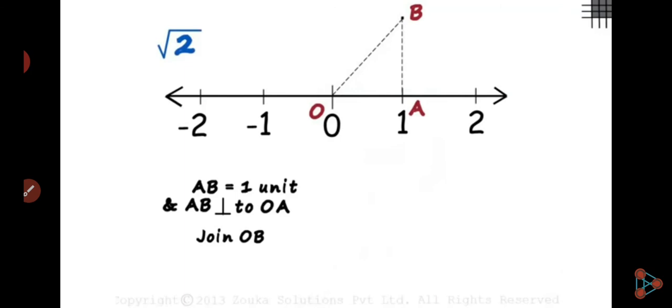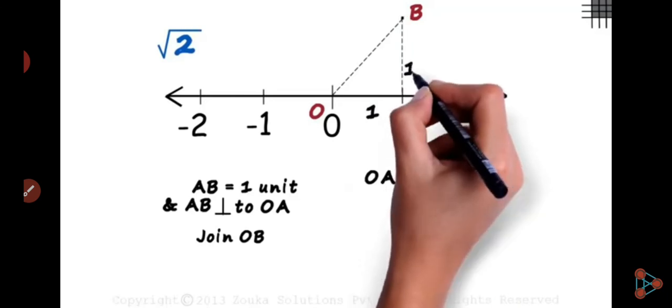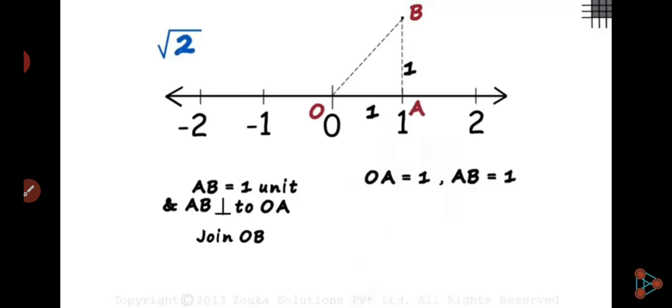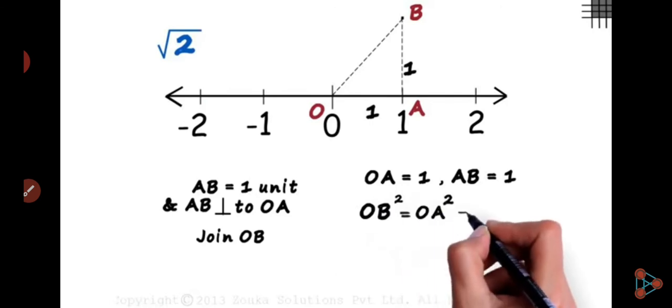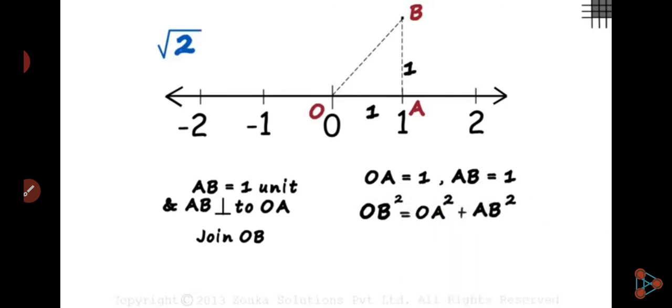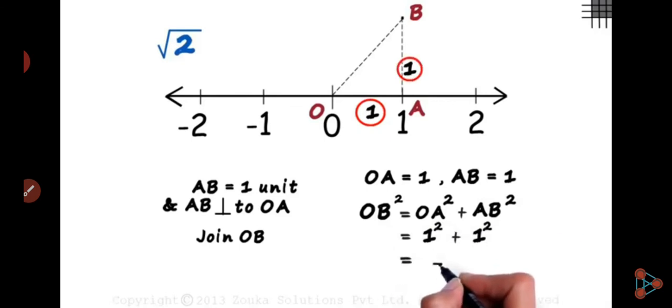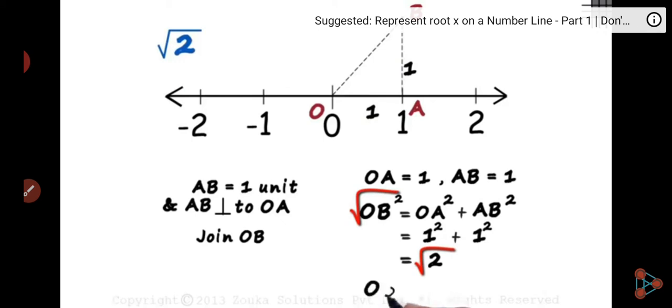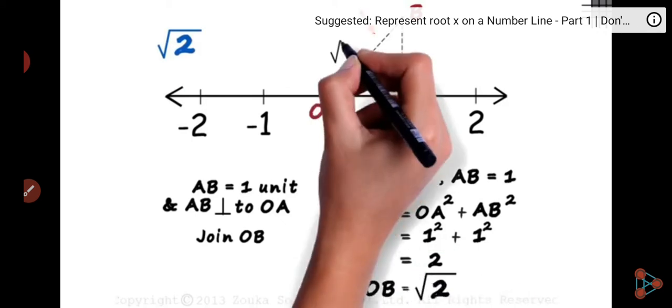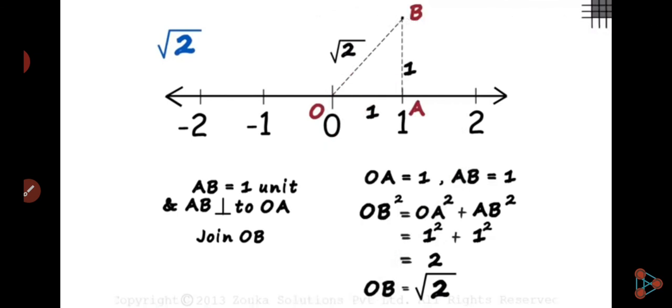OB square is equal to OA square plus AB square, that is 1 square plus 1 square, that is 2. Taking the square root of both sides, OB is equal to √2.